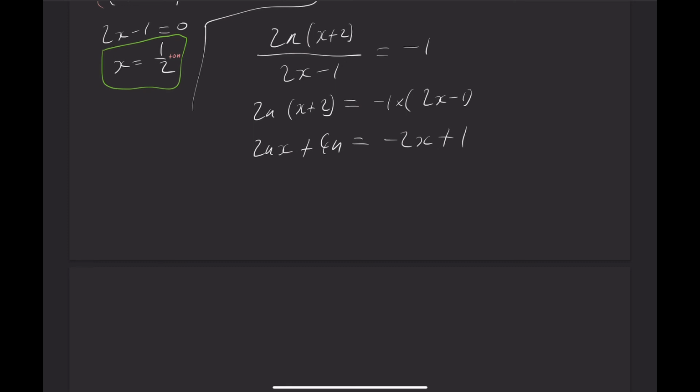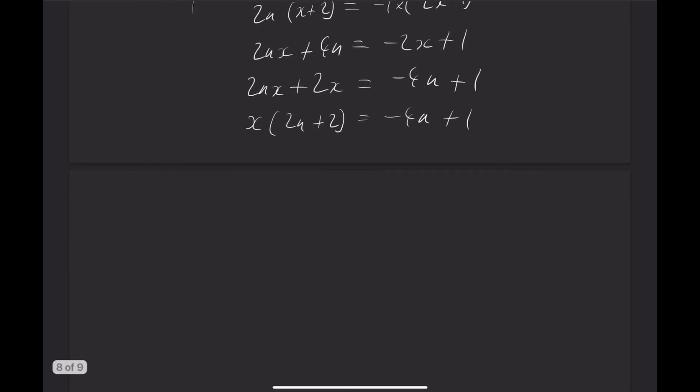I'm going to group all my like terms. I'm going to move all my x's over to one side and everything that hasn't got an x over to the other side. So I'll get 2nx plus 2x equals negative 4n plus 1. I can factor out my x, so I get x(2n plus 2) equals negative 4n plus 1. And I can divide both sides by 2n plus 2 to get x equals (negative 4n plus 1) over (2n plus 2).